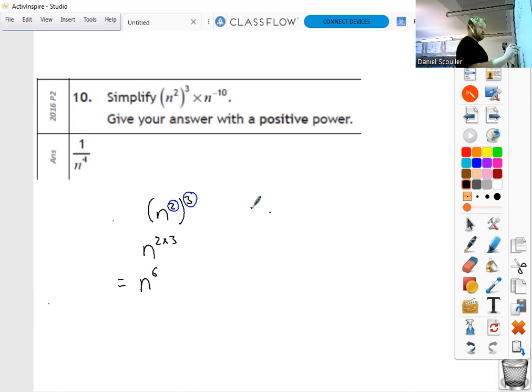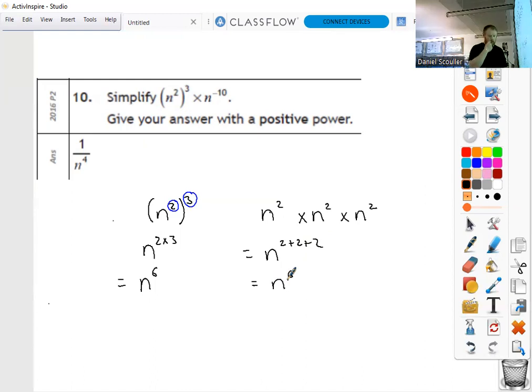What that is actually saying to me is n squared times n squared times n squared. Oh, sorry, why? n squared cubed is multiplying by itself 3 times. So it's n to the 2 plus 2 plus 2. It's n to the power of 6. So be careful there. That was slightly different to what I showed you just before. So n to the power of 6 is the solution for that part there.